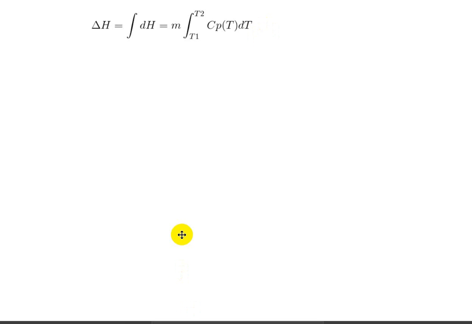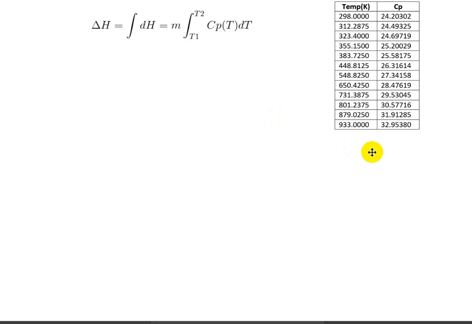The first thing we need to do is to find an equation that we can both integrate and also mathematically fit to some data. So here's some data that I was able to find on the web for the aluminum, and it goes from 298 degrees K all the way up to 933 degrees K, and gives a range of heat capacities throughout there.